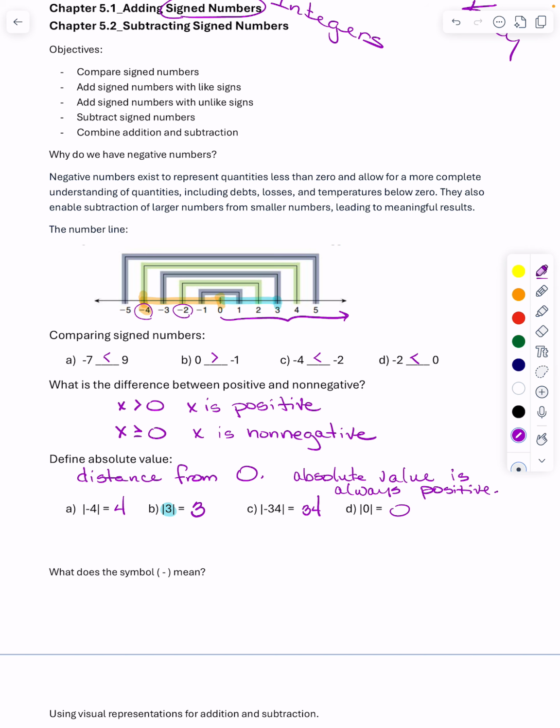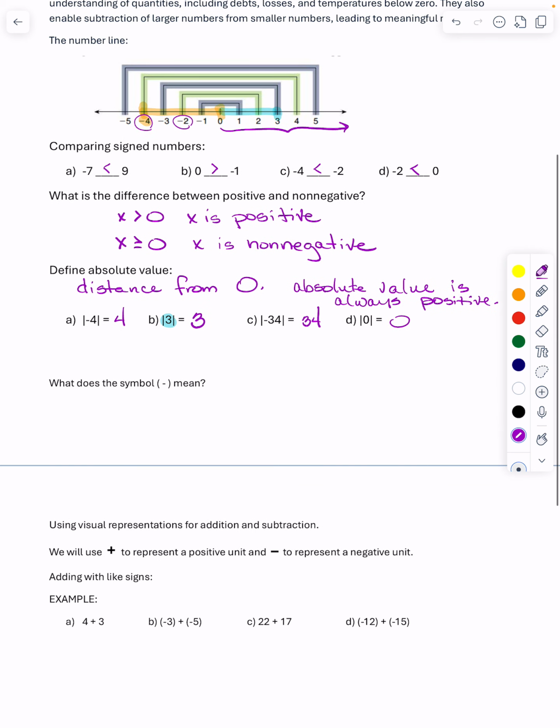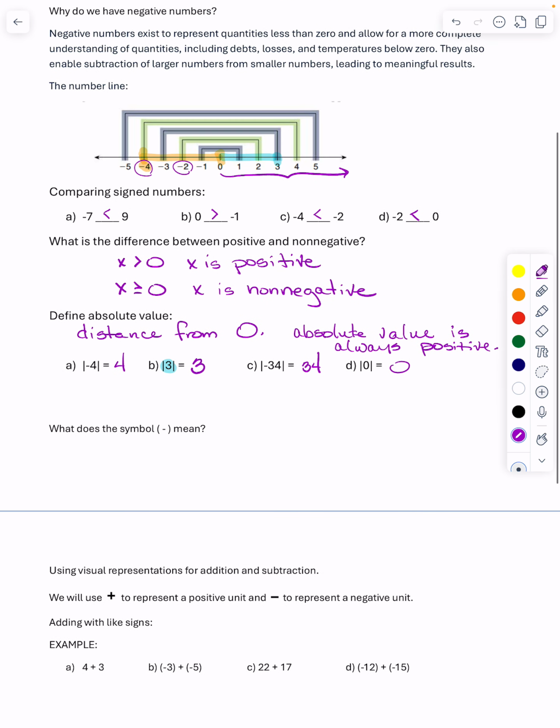Okay. So really quick, before we go on to actually adding and subtracting, what does that little minus symbol mean? It actually has 3 meanings. It means subtract. We are used to that.